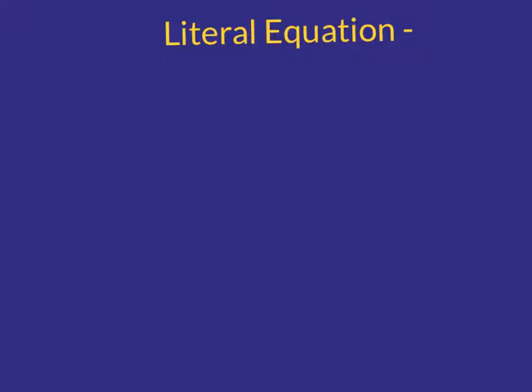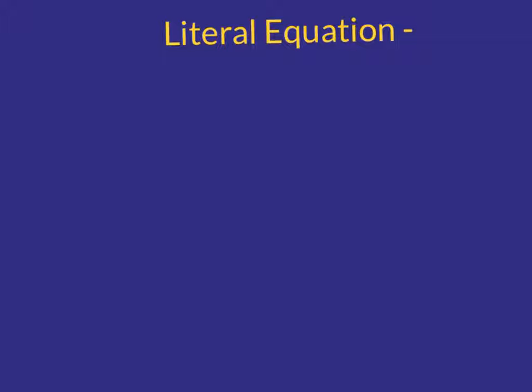We have one vocabulary term in this lesson, and that is a literal equation. A literal equation is an equation with two or more variables. Up until this point in lessons 1.1, 1.2, and 1.3, we've only had one variable, but here we will have two.